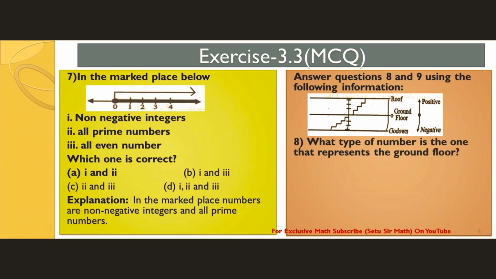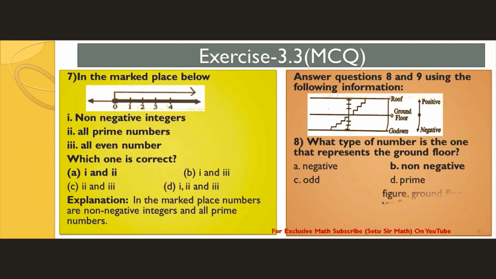Number 8 question: what type of number is the one that represents the ground floor? As you can see, 0 represents the ground floor. These are the options: A negative, B non-negative, C odd, and D prime. So the answer is B, the bold part, non-negative.